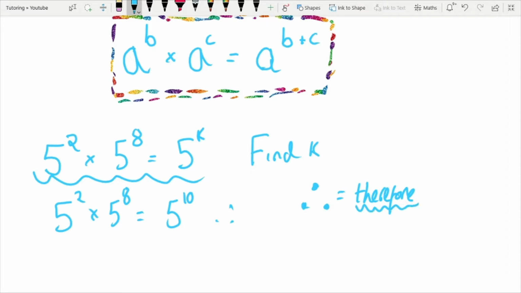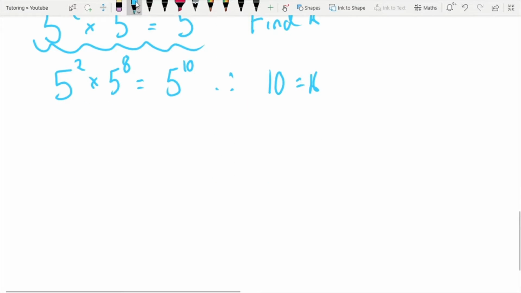That's some terminology you may need to use. Therefore, 10 equals k. We can see we're looking for k, and that's the power in the final result, and that's 10 there. Nice.